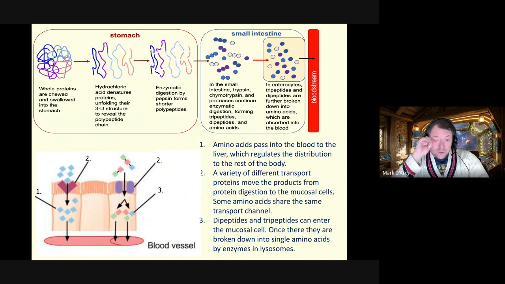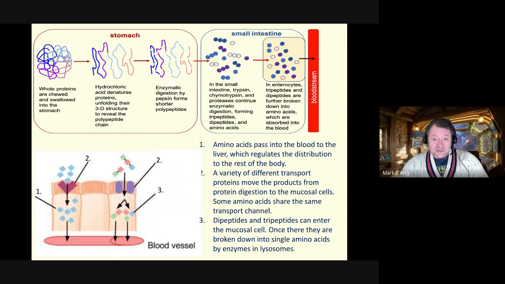Whole proteins are chewed in the mouth and then sent to the stomach. Once in the stomach, hydrochloric acid denatures proteins, unfolding the tertiary structure, the 3D structure, to reveal the polypeptide chain. And then pepsin can start breaking down those peptide bonds.